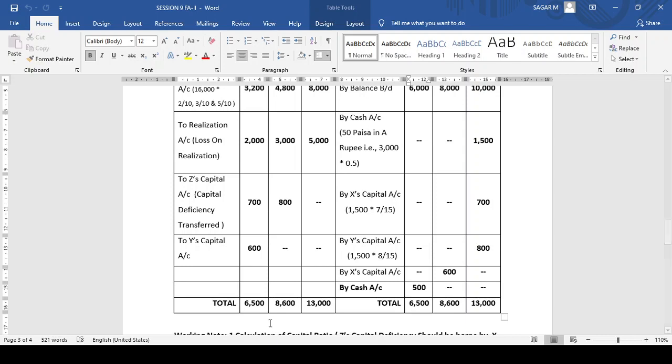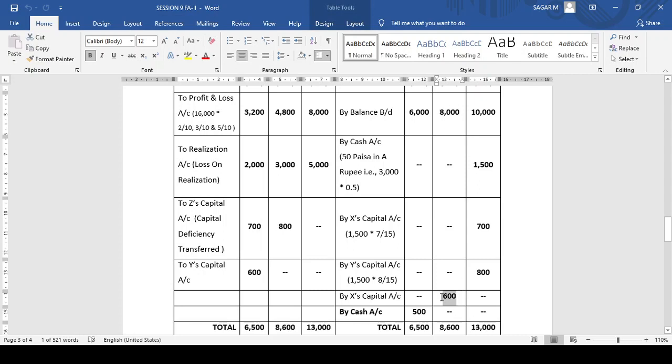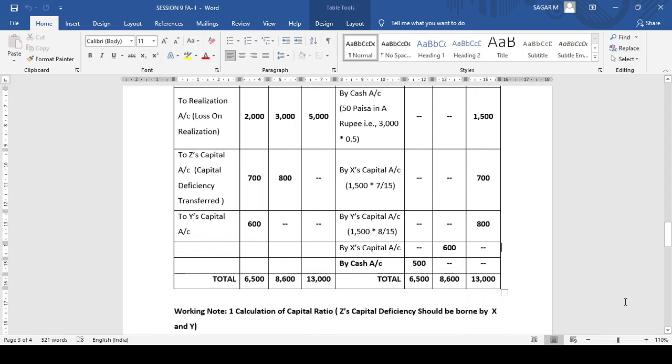So take the total of the debit side of Y, and keep the same total on the credit side, that is 8,600. If you deduct the debit side total of 8,000, there is a difference of 600. And let me tell you, in this case we have already closed the capital account of Z, and now while closing the capital account of Y, we again got a capital deficiency. Then who is remaining? We have only one solvent partner, that is X.